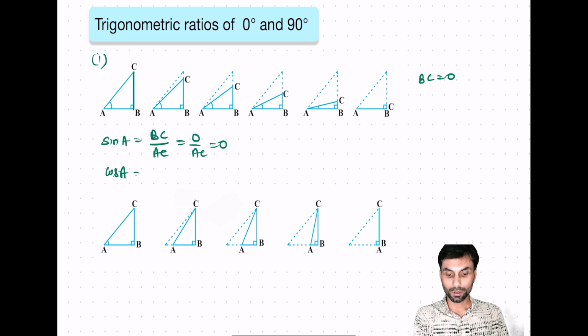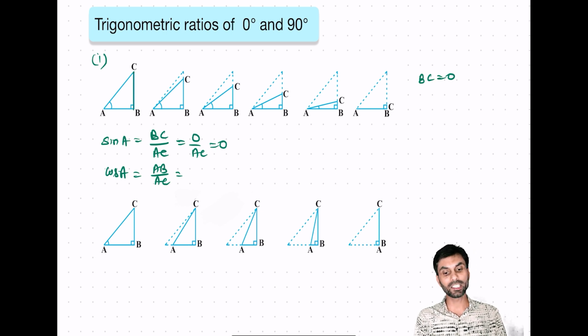Then cos A is adjacent AB upon AC, and if angle A is 0 and B and C are coinciding, then the values of AB and AC will be approximately equal. So we can write it as AB upon AB, which equals 1.